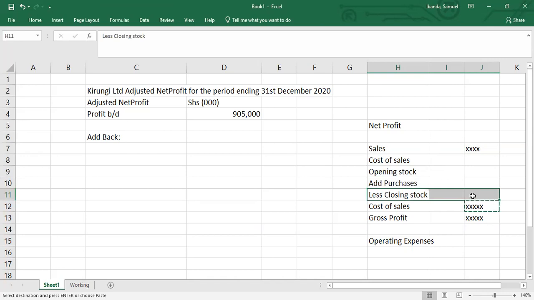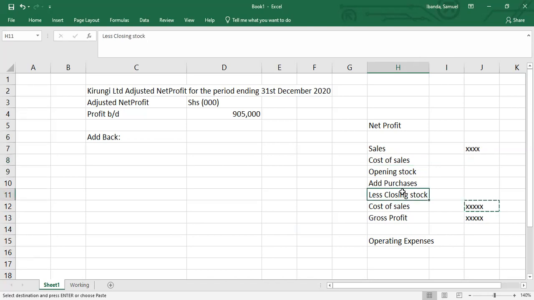Closing stock affects our cost of sales. The higher the closing stock, of course, the lower your cost of sales. And if your cost of sales is low, it means that you have a higher profit, because sales minus cost of sales gives you profit.